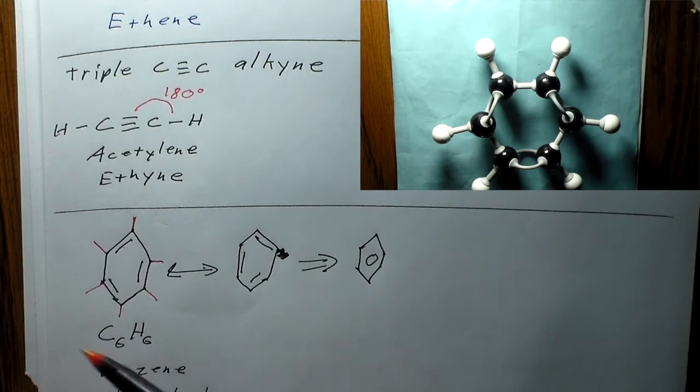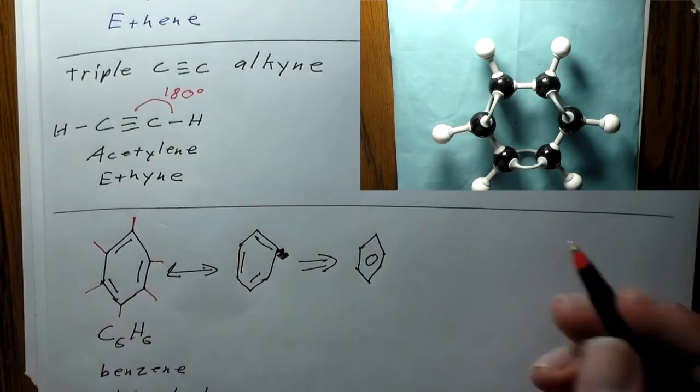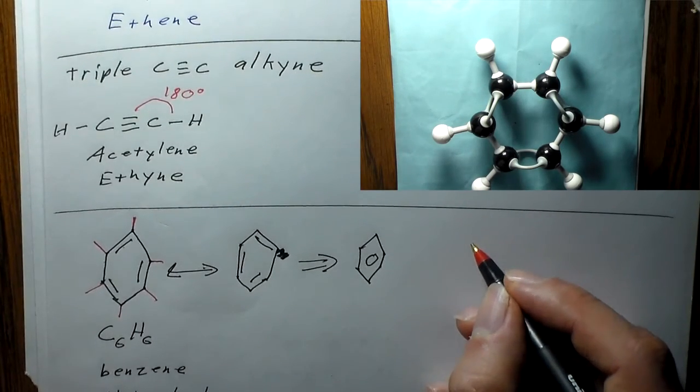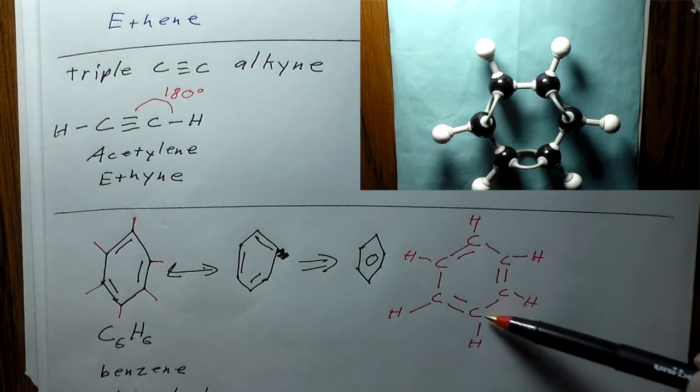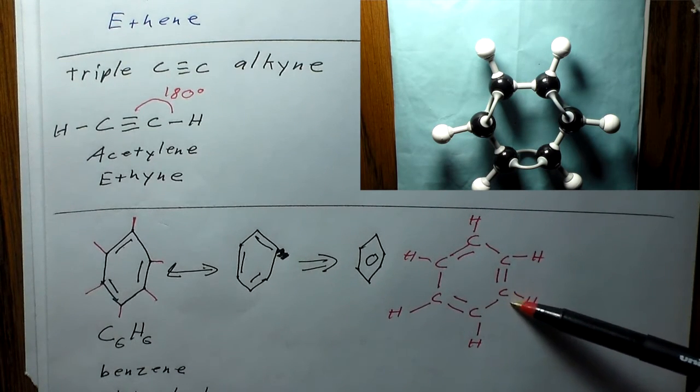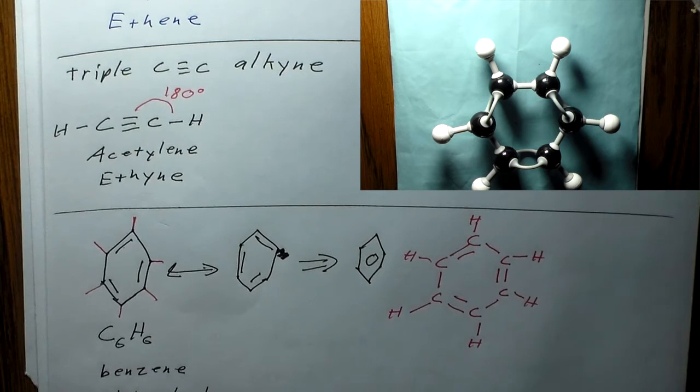And then you can put little substitutions, little rings or other molecules on the outside of there. So just to draw what benzene would look like with the carbons and the hydrogens, this is what it would seem like. And all these bonds are going to be 120 degrees. So that's 120, that's 120, that's 120. So it's again a nice flat molecule.